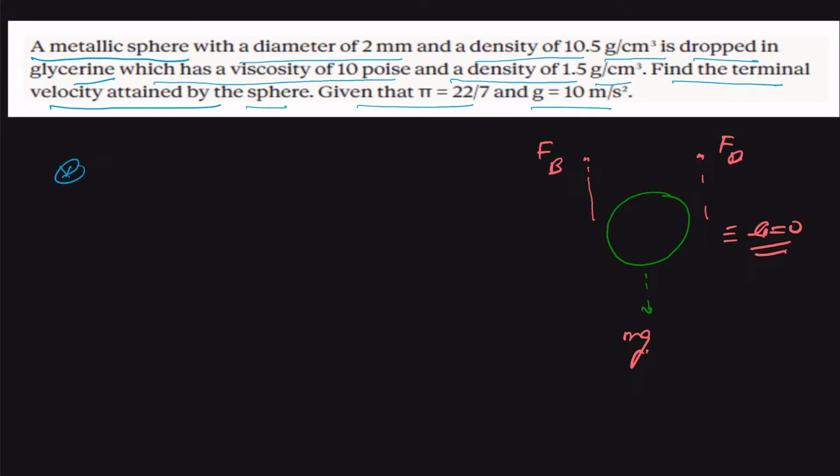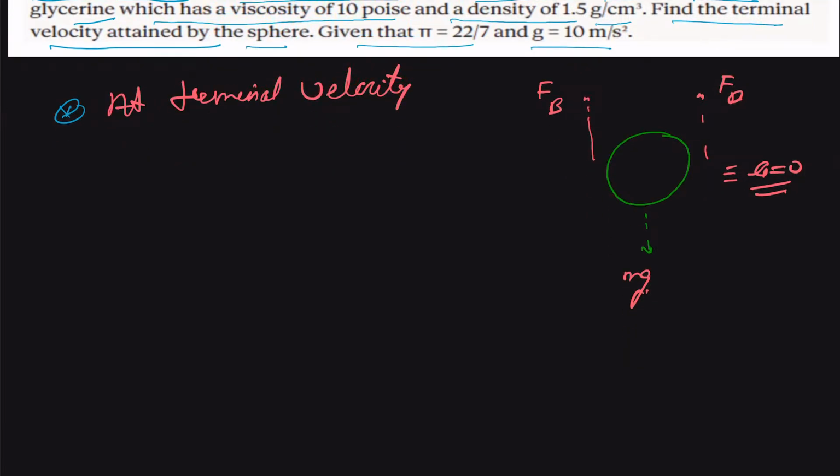Therefore, we can write that at terminal velocity, our net force is equal to the drag force, and the net force is mg minus the buoyant force. The drag force is given by Stokes law, which is 6 pi mu r times v, where v is the terminal velocity.